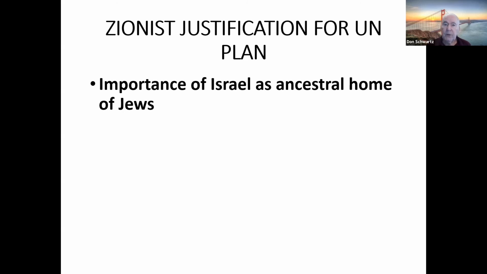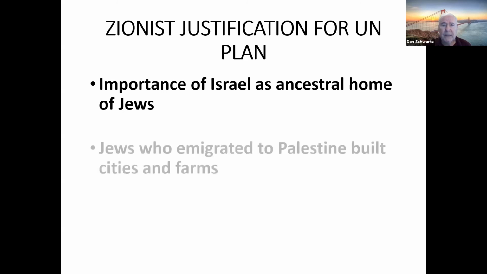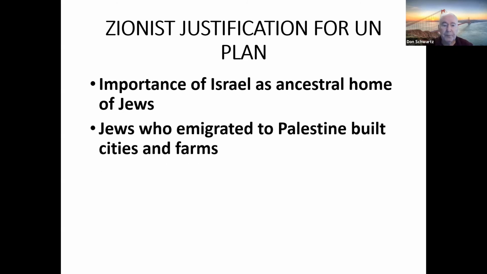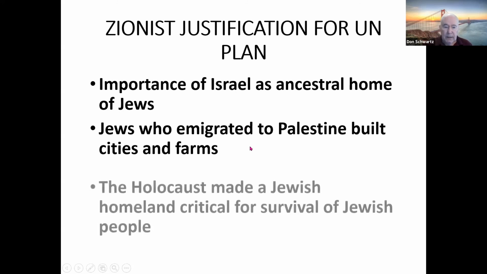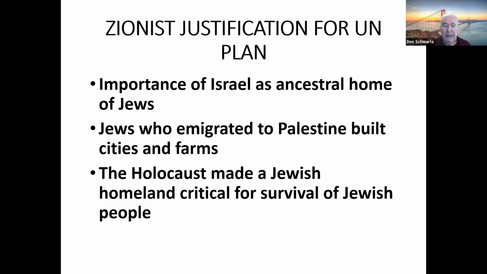In addition, they argued, the Jews who emigrated to Palestine had built cities and had made the desert bloom, whereas the Palestinians who were there remained as peasant farmers. And above all, the justification for the UN plan, as put forth by the Zionists, claimed that the Holocaust made a Jewish homeland critical for the survival of the Jewish nation.